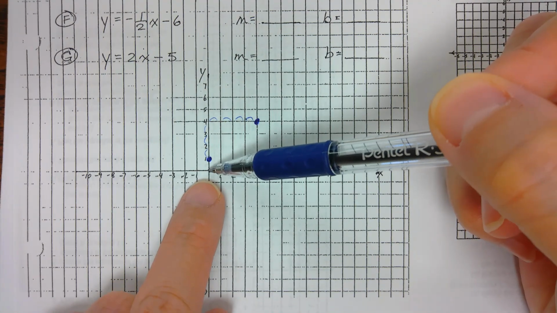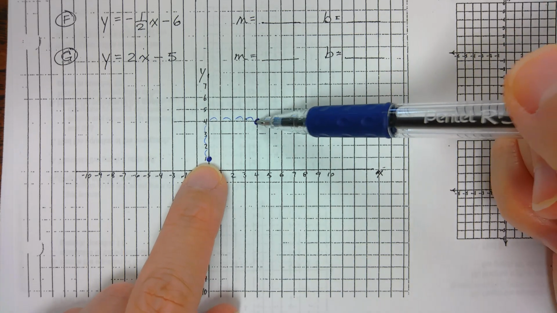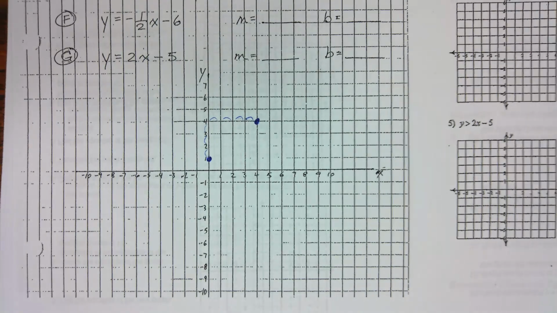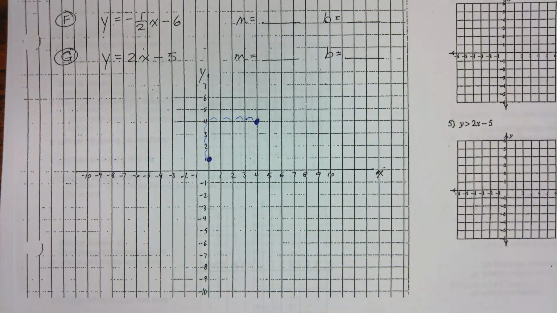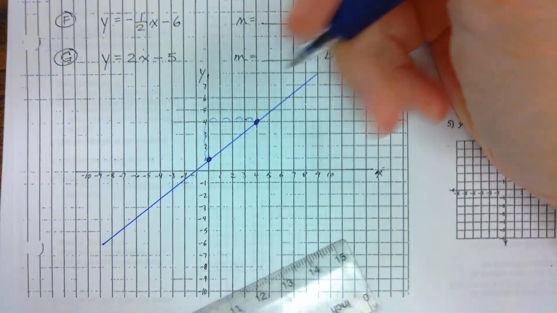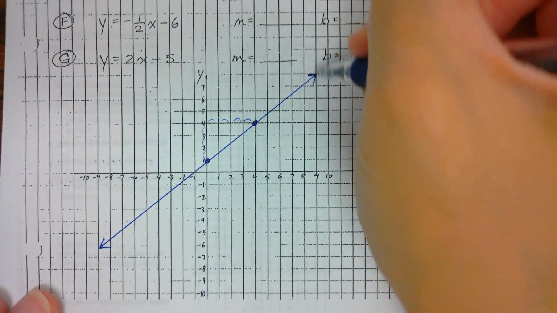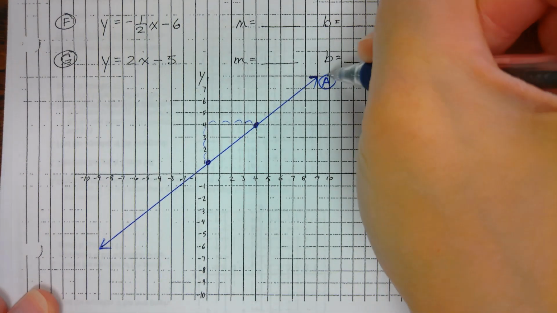You're not starting from 0. You're starting from there. So that's why it's up 3 and over 4. Okay, and so I have my 2 dots. I can draw my line. Draw it long. Your line goes on forever. And that's line A.